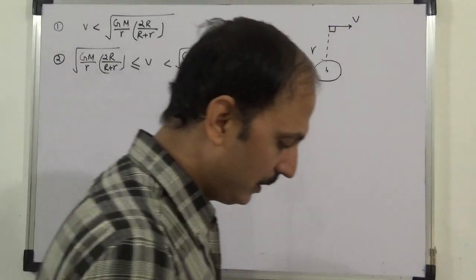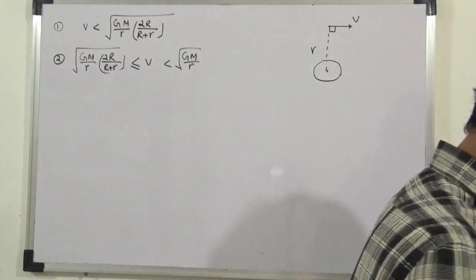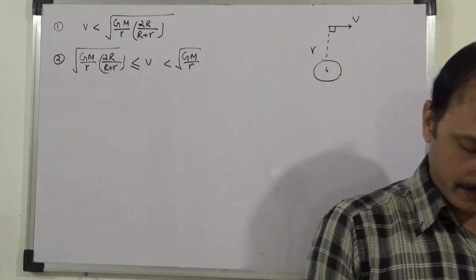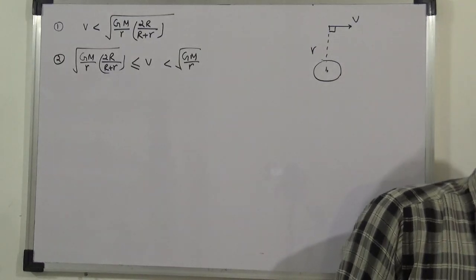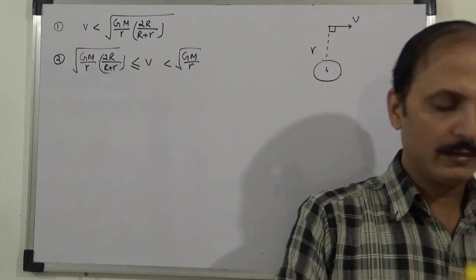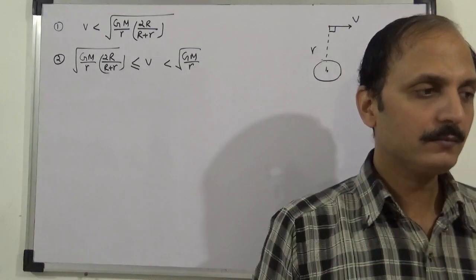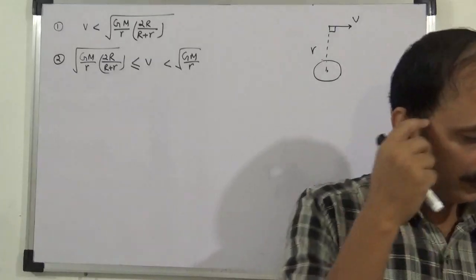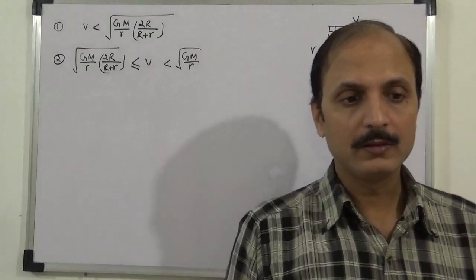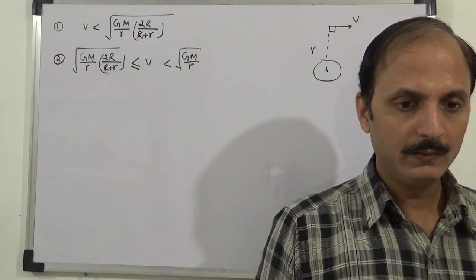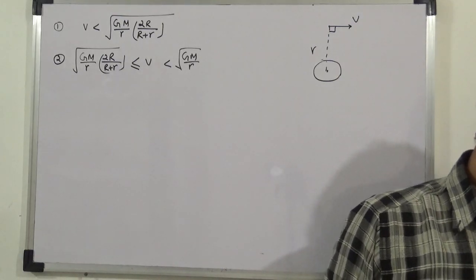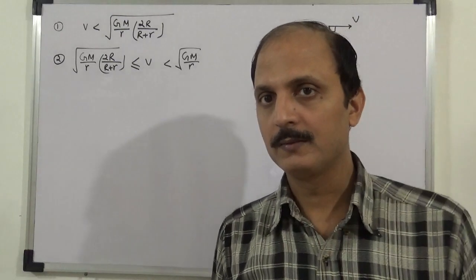If this velocity is given, then the body acquires an elliptical orbit with earth as a far focus, with respect to the point of projection.